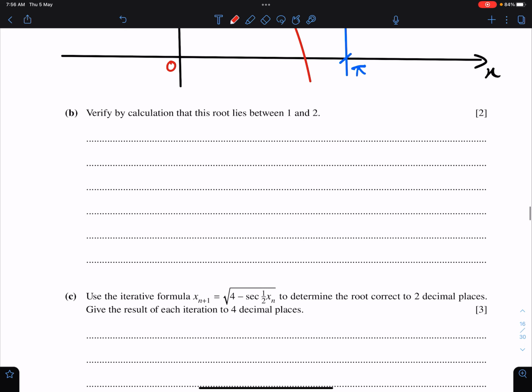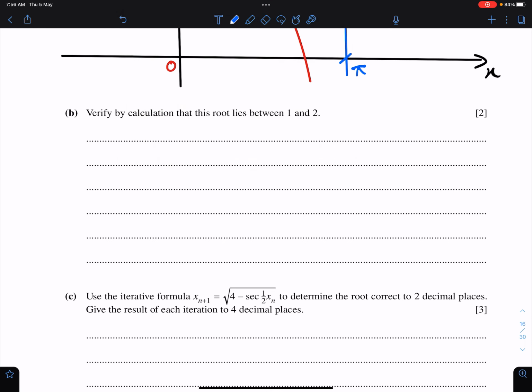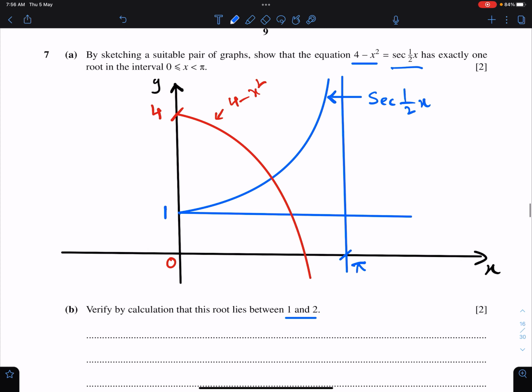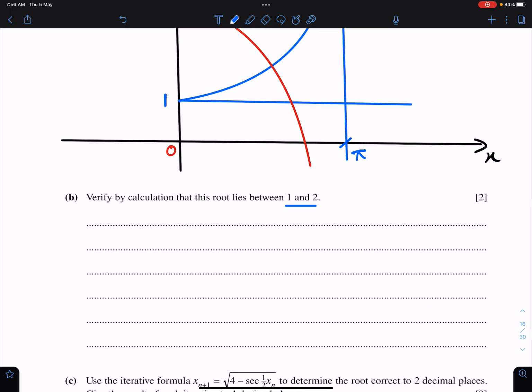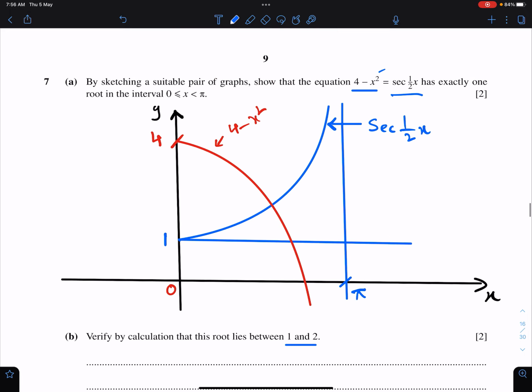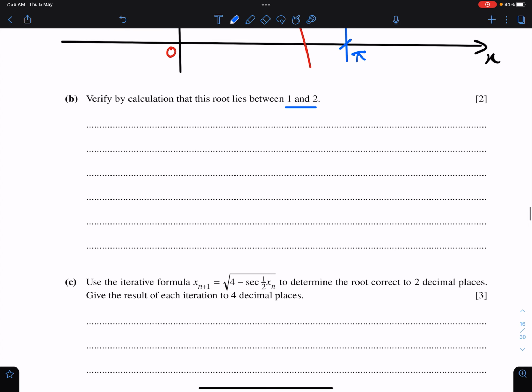The second part of this question is verify by calculation that this root lies between 1 and 2. So first we need to rearrange this equation. Four minus x square and sec half x.